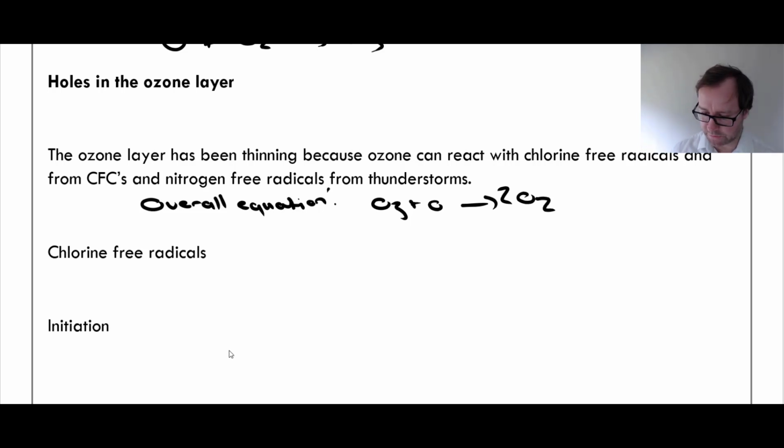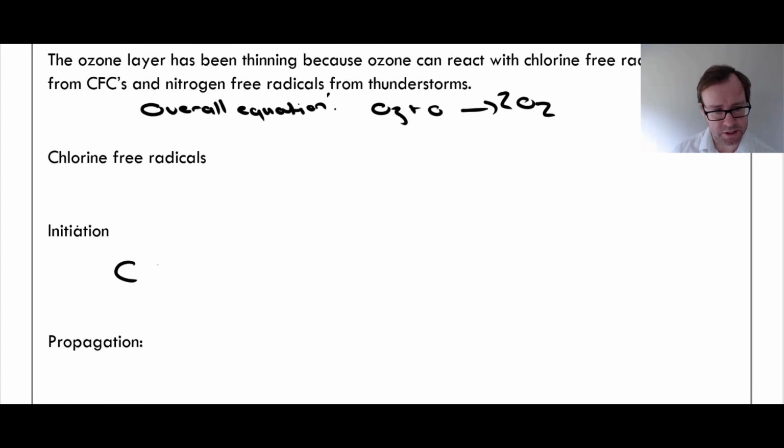So the chlorine free radicals, we'll write it down here. So first of all, we'll do our initiation reaction. So I have my CFCs. So different types, but I'm going to use CF2Cl2.